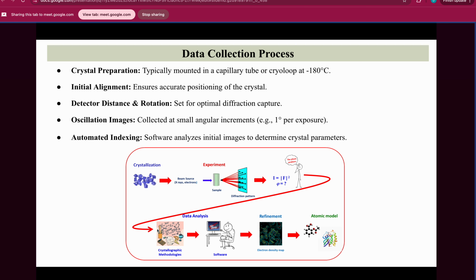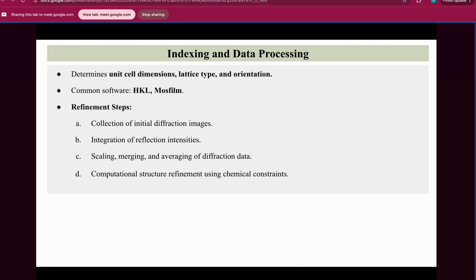Till now we are only getting the intensity information of the X-rays which are getting diffracted, but we do not know at what angles they are actually diffracted. What is the phase information? In the later sessions, in week 5, you will see how we deal with the phase problem, and then ultimately how the data is uploaded to the PDB or other datasets after modeling and refinement.